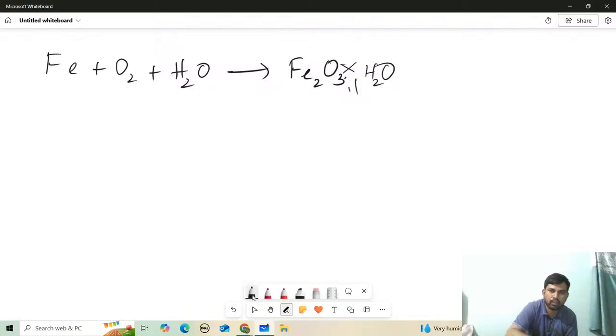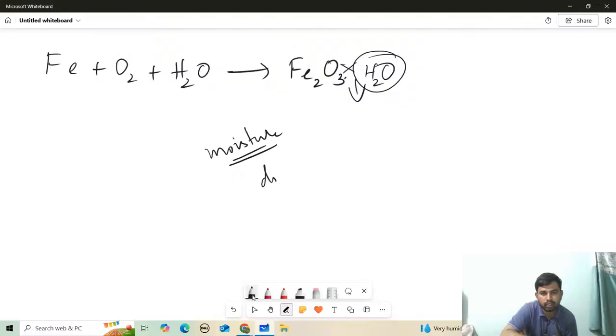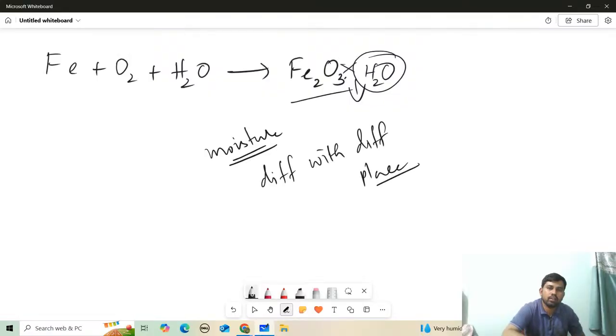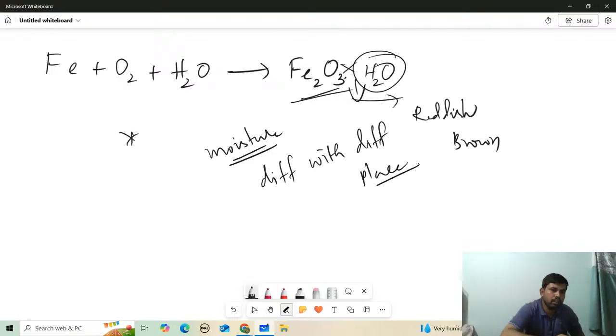Here X is variable, because the amount of moisture is variable; X H2O represents moisture, and it differs in different conditions, so we take X as variable. Iron oxide is a reddish brown color.